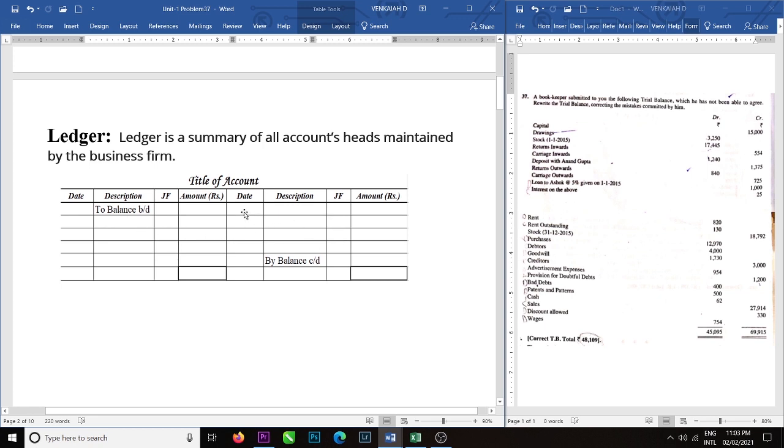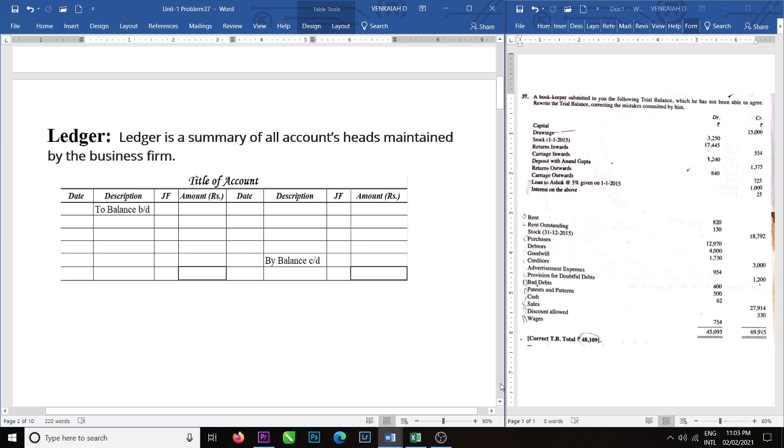Sometimes these ledger balances have opening balances. With the transactions of debit and credit, we may get closing balances. So the ledger is a summary of all account heads maintained by the business firm.